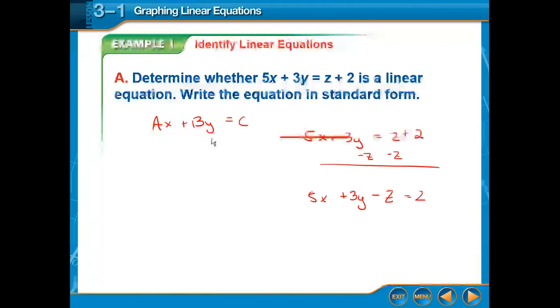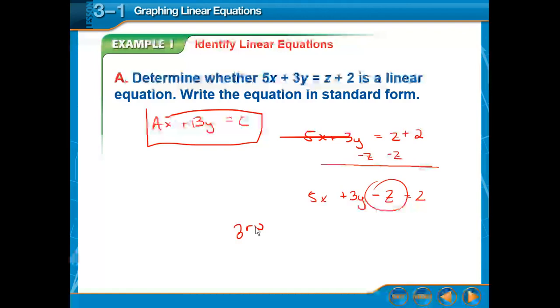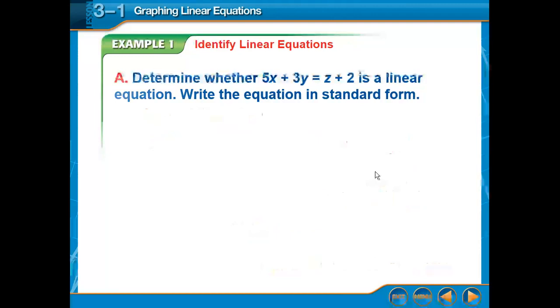But this is not the same thing as ax plus by, because I have this extra thing here. Because of this third variable, it is not a linear equation. I can't write it in standard form because it has that extra thing.